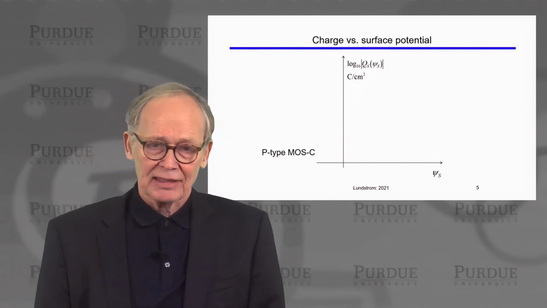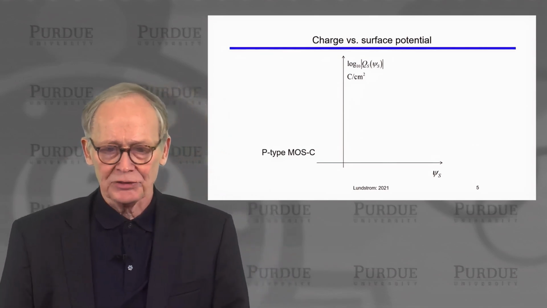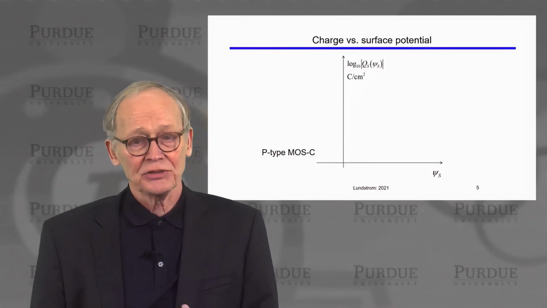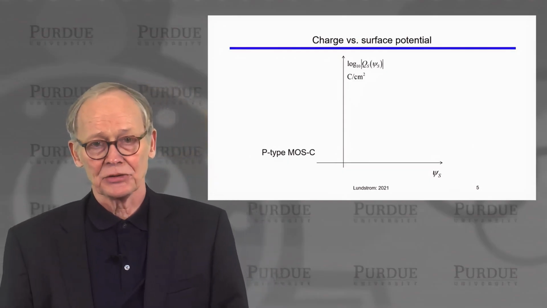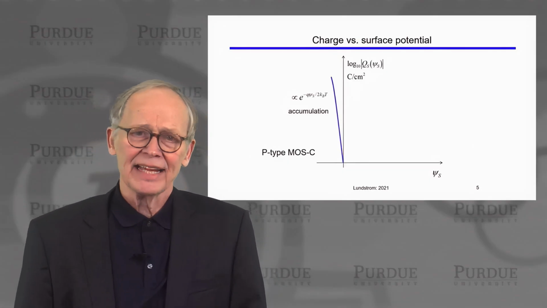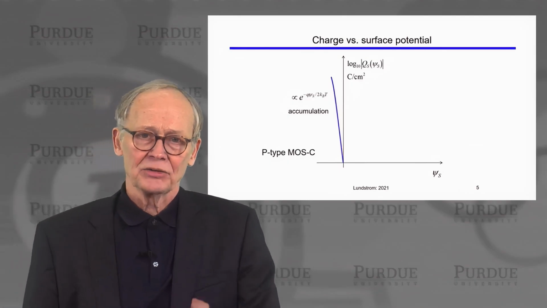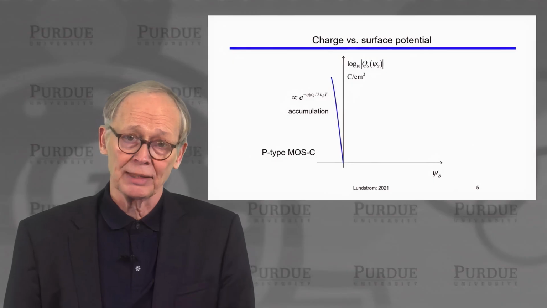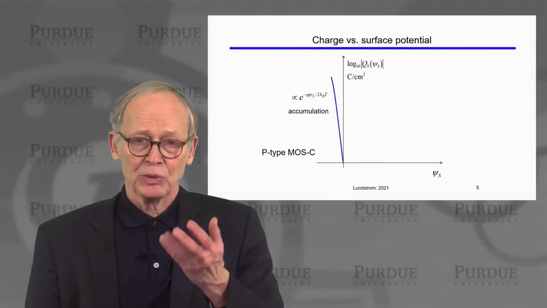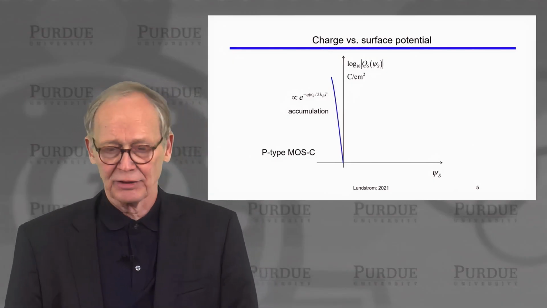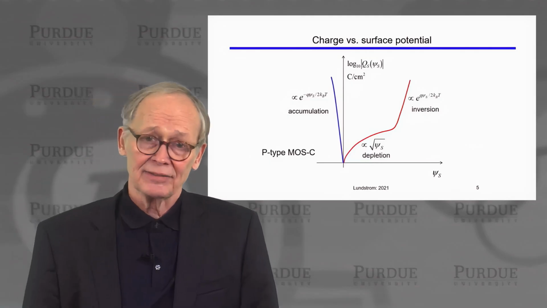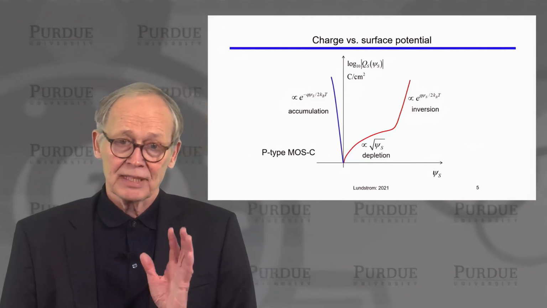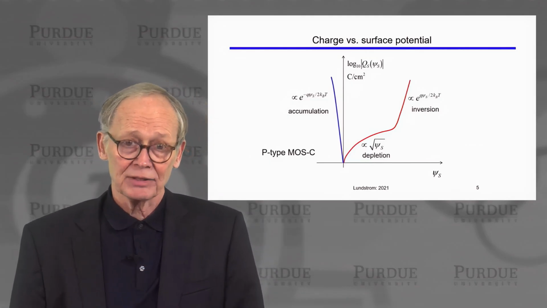Well, that allows us to qualitatively understand how the charge in the semiconductor depends on the surface potential. Negative surface potential causes majority carriers to pile up, majority carrier holes in a p-type semiconductor. So we quickly get a high density of majority carrier holes. A positive surface potential depletes the p-type semiconductor.